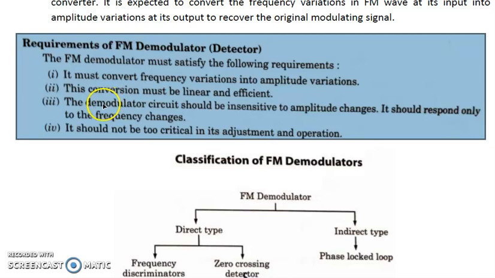The third point is that the demodulator circuit should be insensitive to amplitude changes. As we know, when a signal is frequency modulated, the amplitude is constant over the whole modulated signal. But during transmission, while traveling via channels, and during reception, there may be various reasons that cause variations in amplitude.